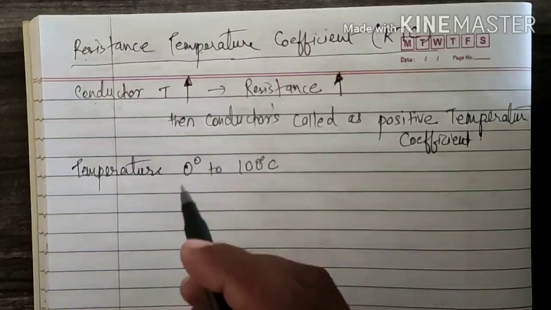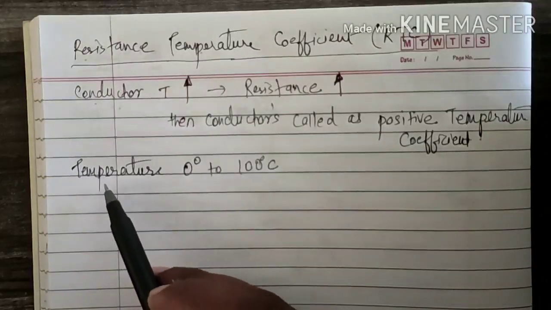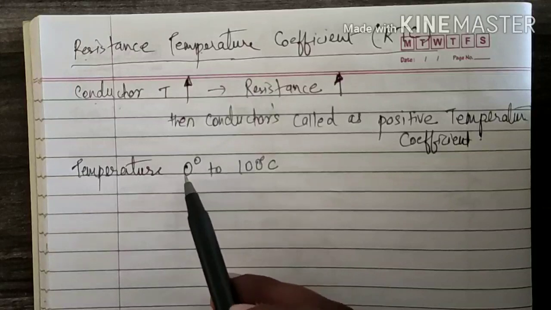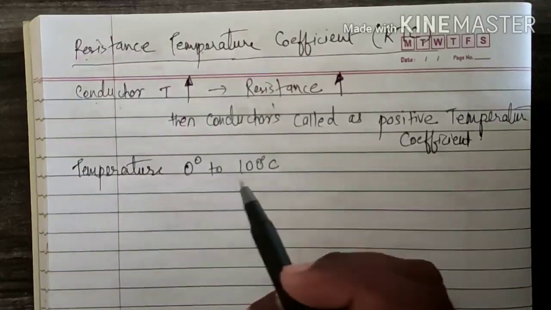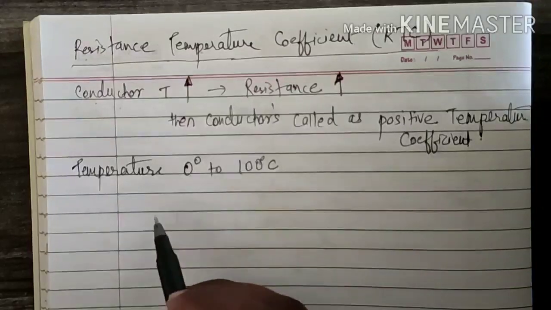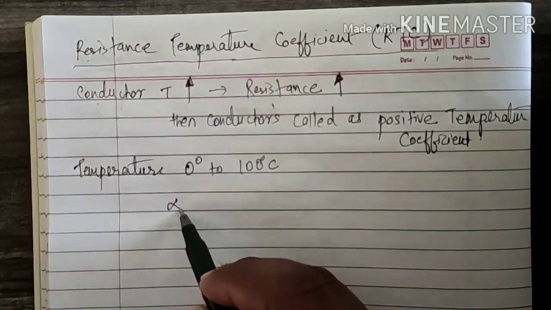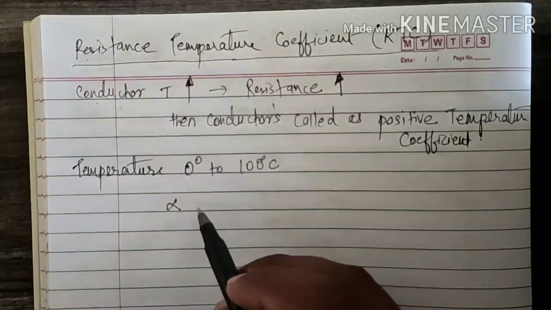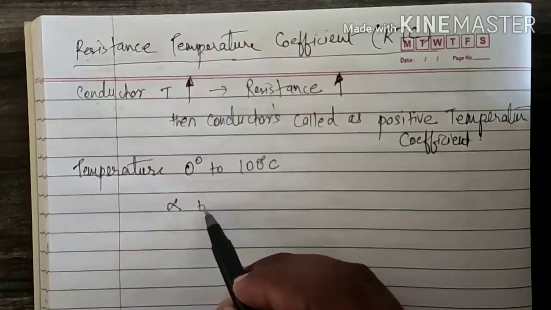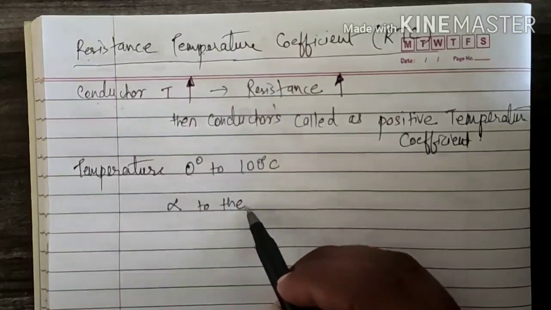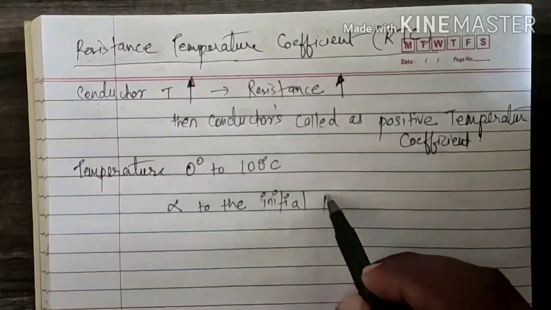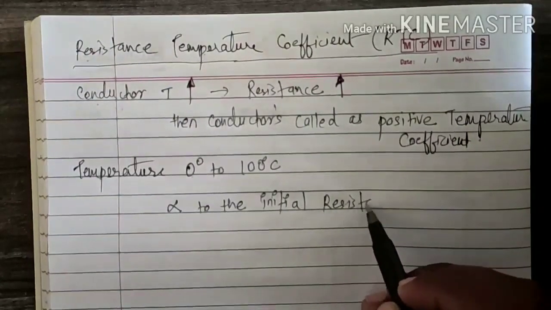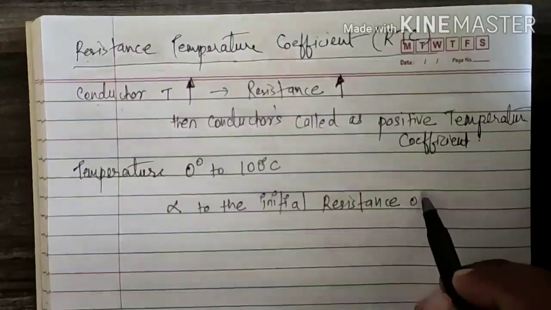If my temperature is increased from 0 to 100 degrees Celsius, then it depends on certain conditions. It is directly proportional to the initial resistance of a conductor.